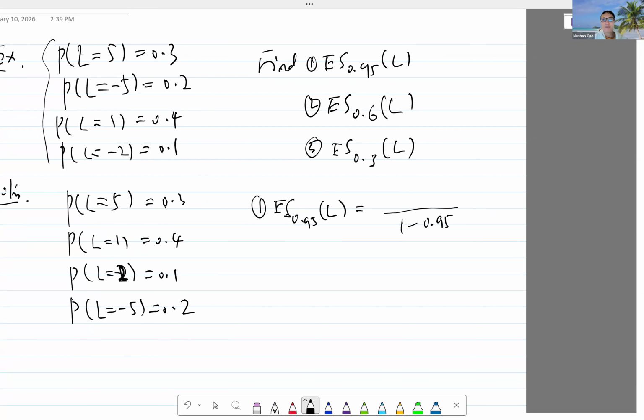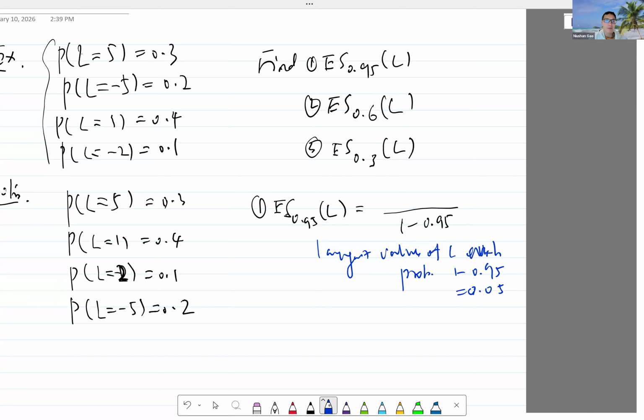It's 0.05. You need to consider the largest values with probability 1 minus 0.95, which is 0.05.